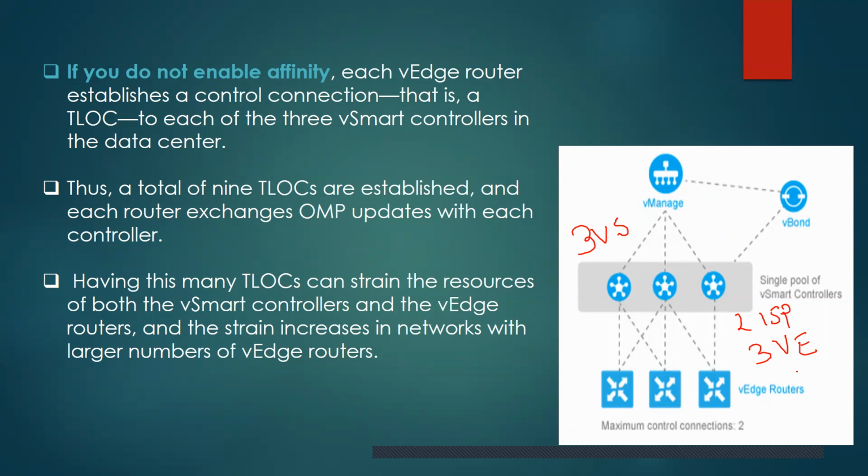Suppose you have 3 vEdge, like 1, 2, 3, and 3 vSmart, 1, 2, 3, and 2 ISPs, ISP1 and ISP2. Then how many control connections will these edge devices form? So we know that over one transport it will reach here, over the other transport it will reach here, correct? So like that, 3 into 2, 6, correct? So one vEdge will form 6 control connections. Any doubt in this?